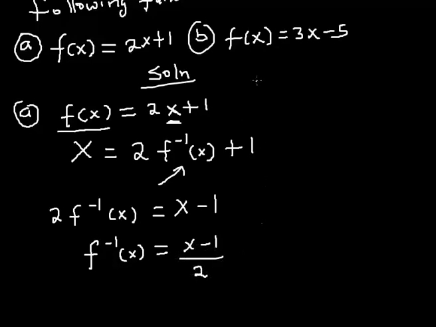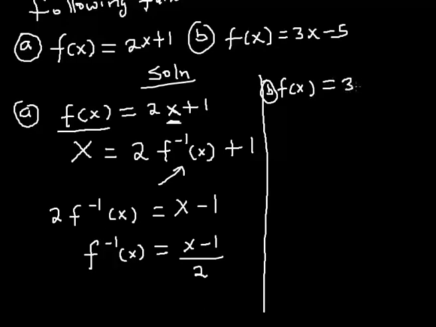As easy as that. Let's look at this one, the b part of the question. f of x is equal to 3x minus 5. All right, let's do this.